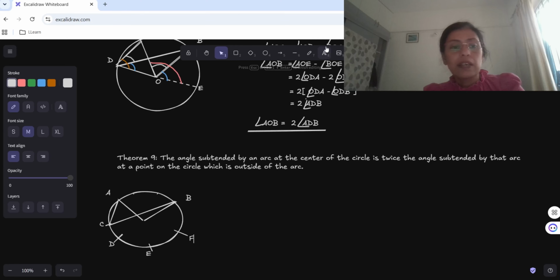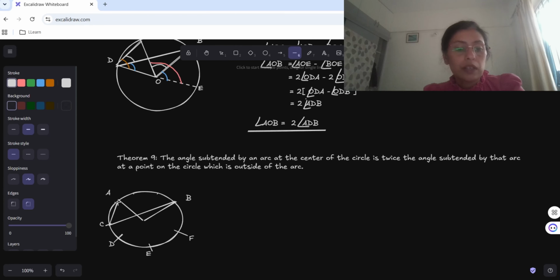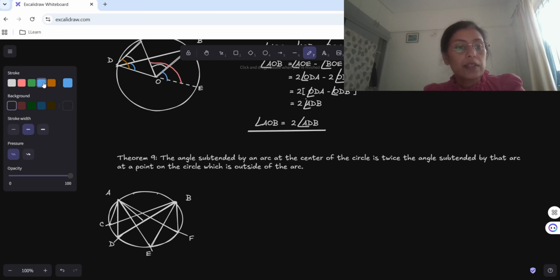So let me join it to D. Now I can join it to E. I join it to F. So what I am trying to say here is, the angle which is subtended by this arc at the center is this.